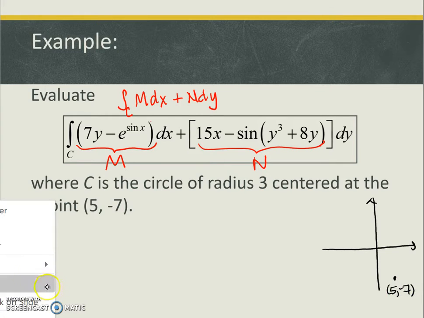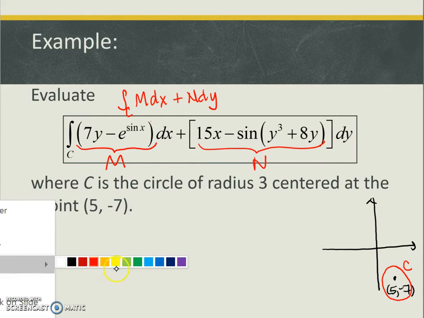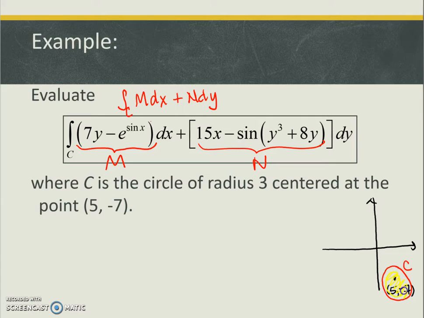And that we have a circle of radius 3 that is surrounding that center. So there's my circle C. And then, of course, the region that's being talked about in Green's theorem is the interior of that circle.